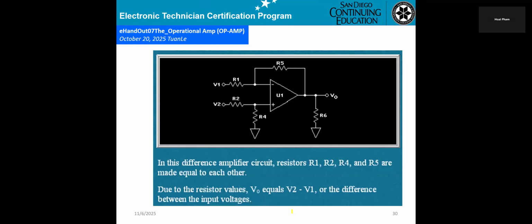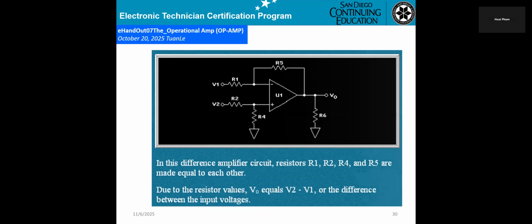In this differential amplifier, R1, R2, R4, R5 have the same resistor value, so Vout equals V2 minus V1, the difference between the input voltages.